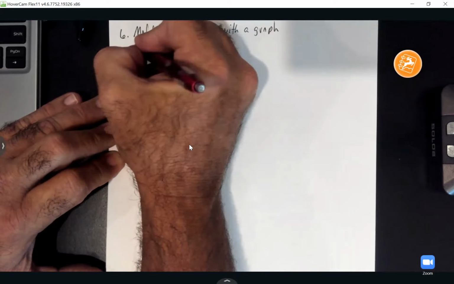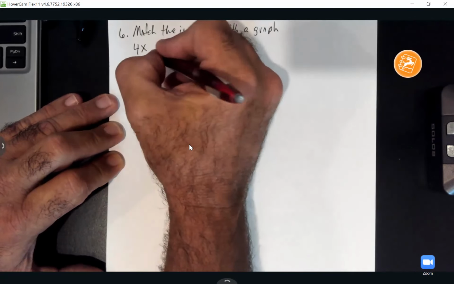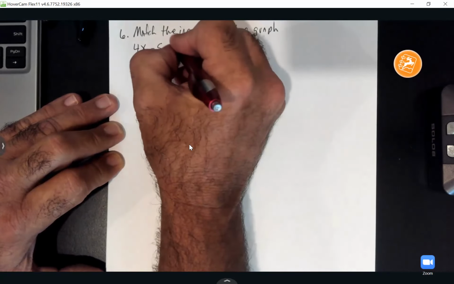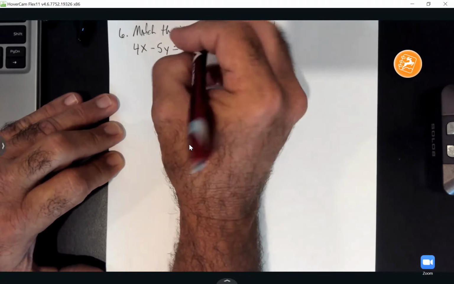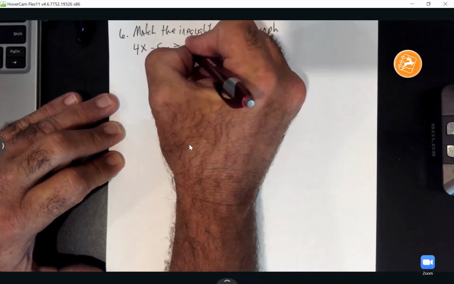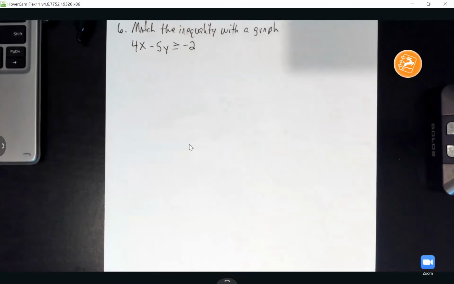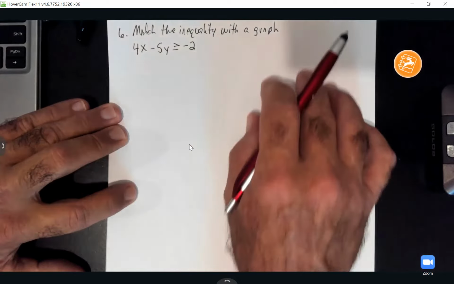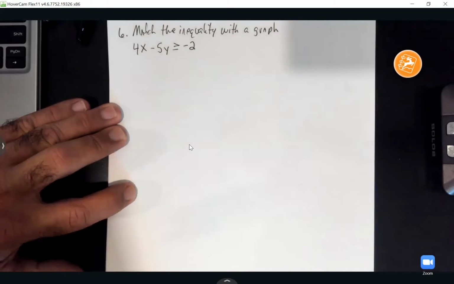So y'all are giving me 4x minus 5y is greater than or equal to -2. Y'all, we have no choice on this one but to solve this for that y. We got to solve it for the y, and then we'll sort of play with the graph and see what we get.